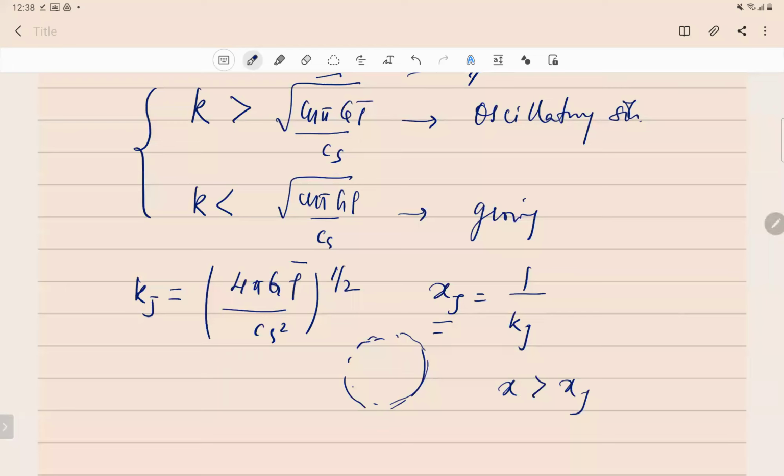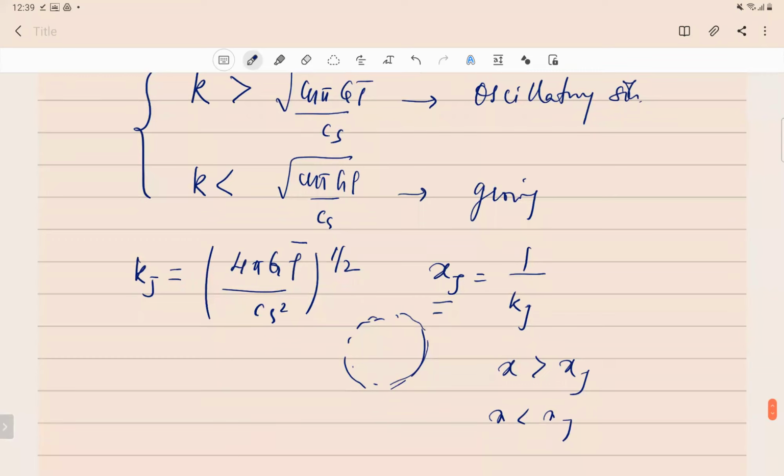Whereas if your x is less than xJ, then your solution is oscillatory. So the scales which are larger than the Jeans scale grow because gravity is then the dominating force at play. Whereas on smaller scales, the pressure starts coming into play, and it sort of stops the growth, and then you have an oscillatory solution. So that is the basic physics, and this is Jeans instability.